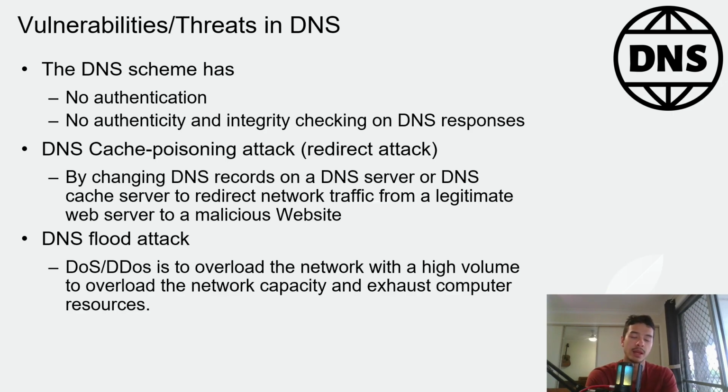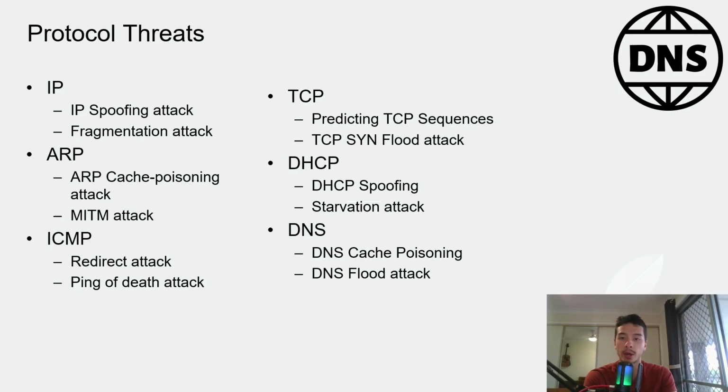This one can basically ruin a lot of your infrastructure and take away your computational power, as it floods your computer or your service with so many DNS queries that it can really ruin your network.